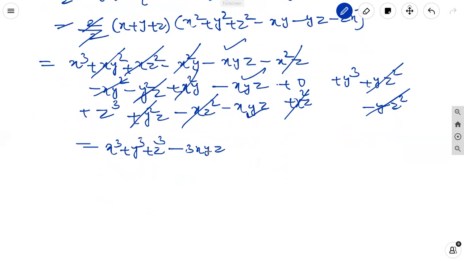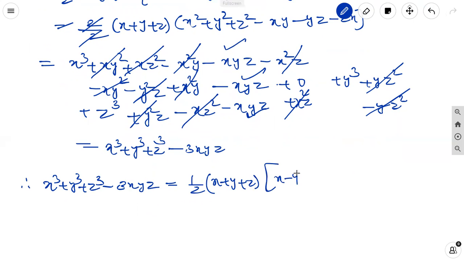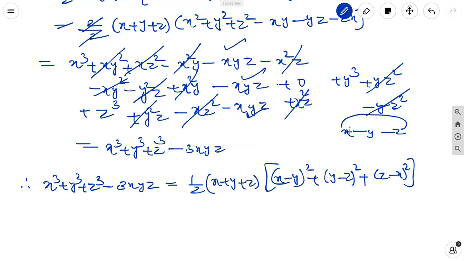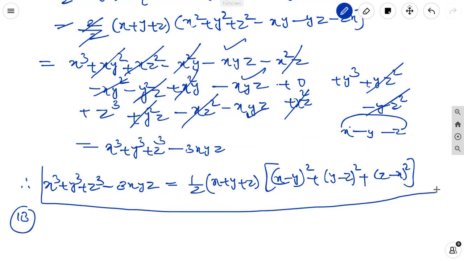Therefore, x cube plus y cube plus z cube minus 3xyz is equal to 1 by 2 into (x plus y plus z) into ((x minus y) whole square plus (y minus z) whole square plus (z minus x) whole square). Write in order x, y, z, then individual square differences. Next, it's over. The 12th one is verified.